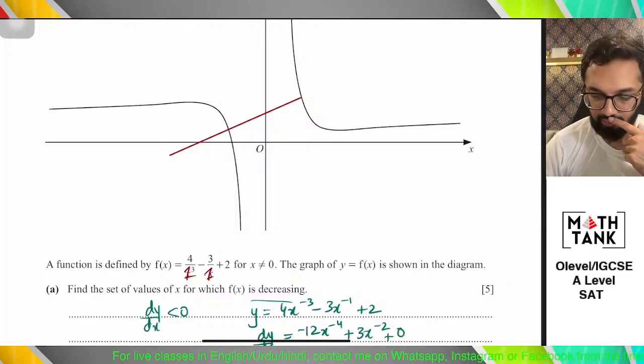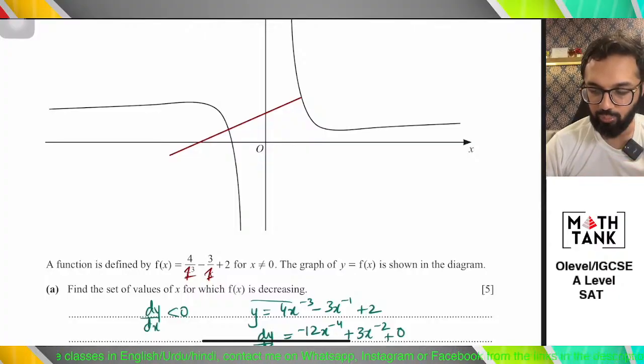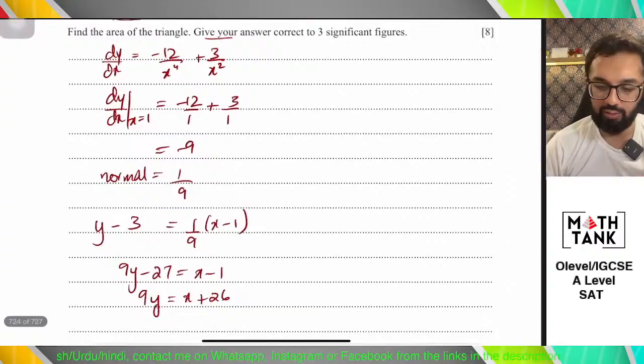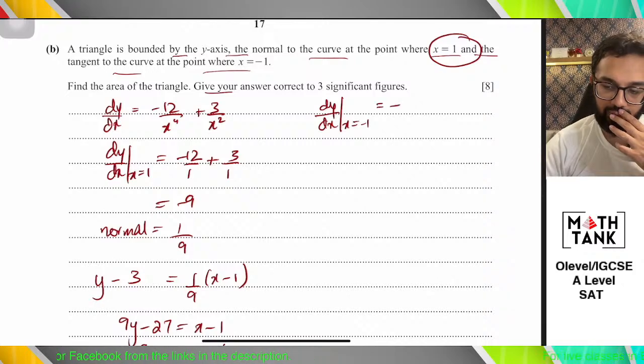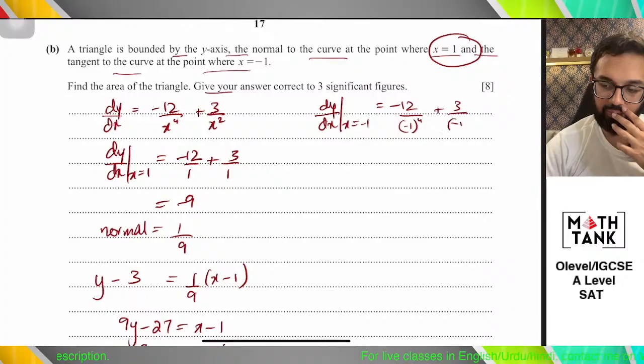Then I want another line: dy by dx at x equals minus 1. That gives minus 12 over minus 1 to the power 4 plus 3 over minus 1 squared, which also gives minus 9.